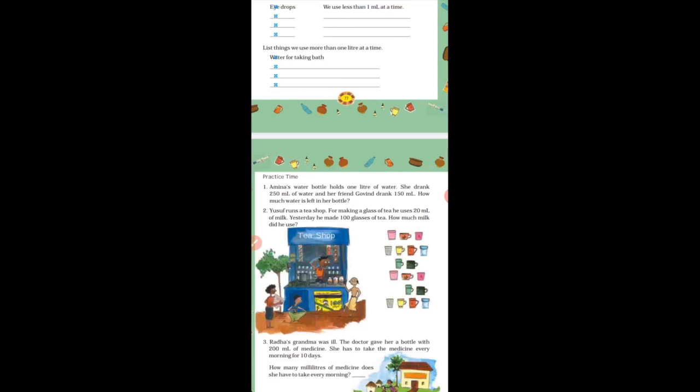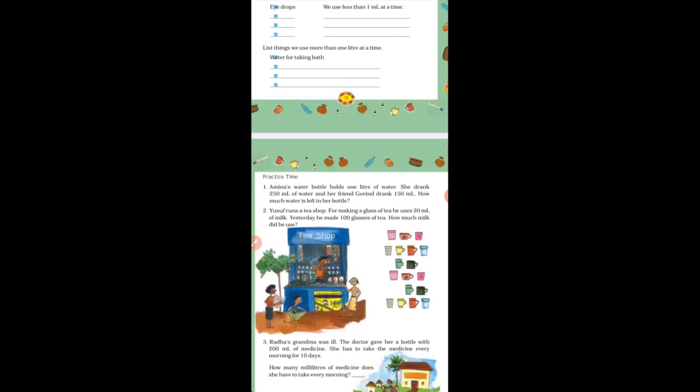Like that you can write syrup and how many ml you are consuming. You are using an ink pen, right? Whenever you fill your pen with ink, you can guess how many drops of ink you are filling and write how much ml it will be.